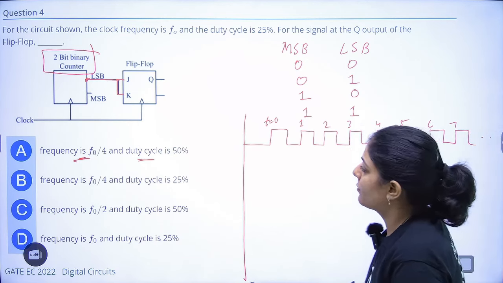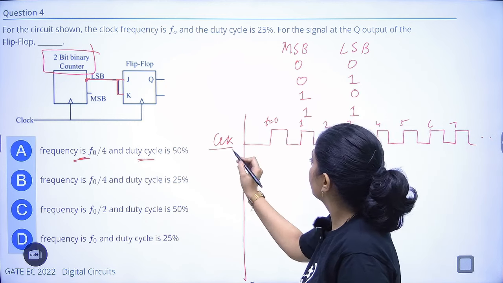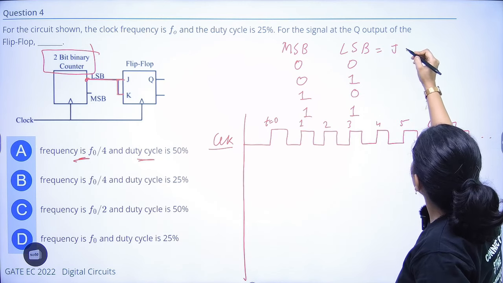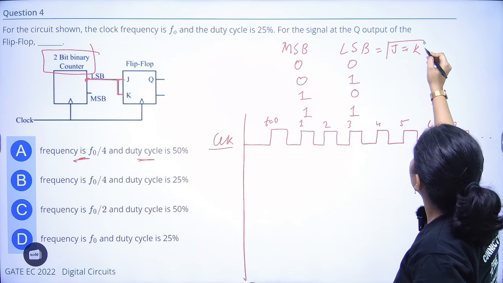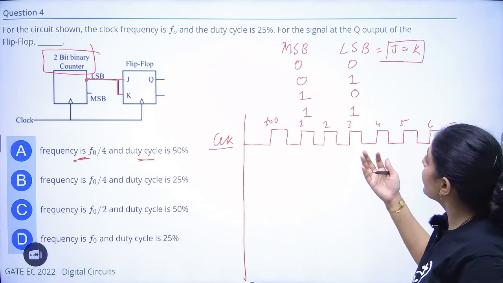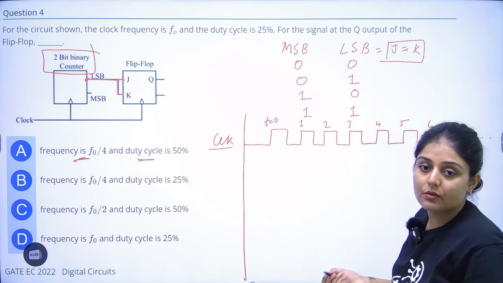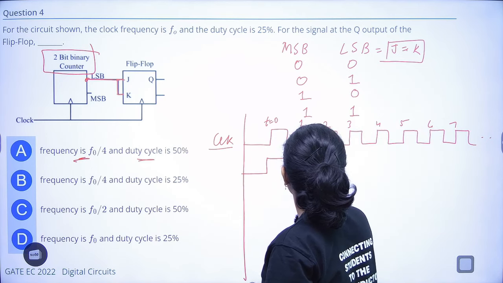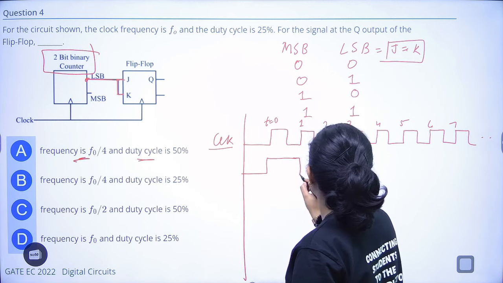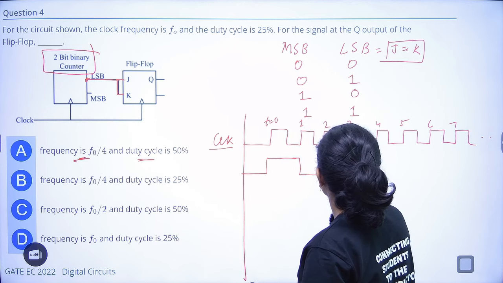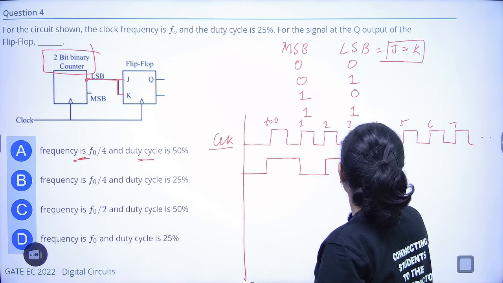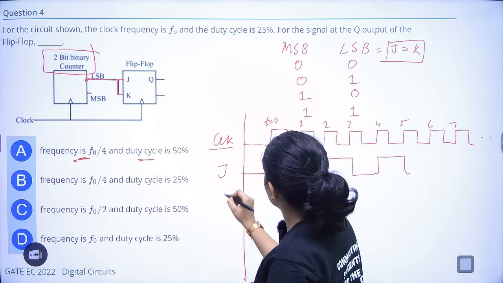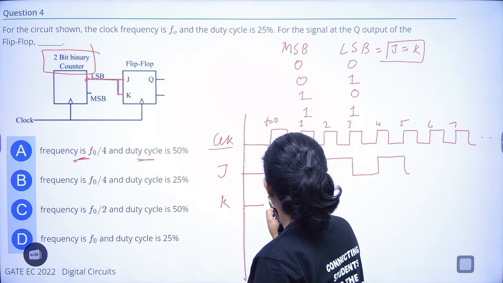So this is my clock pulse. Now this LSB value is the value of J and K both. LSB is changing from 0 to 1, 1 to 0, 0 to 1 and so on, whenever the clock is given. It is toggling. Similarly, K is also moving like this.